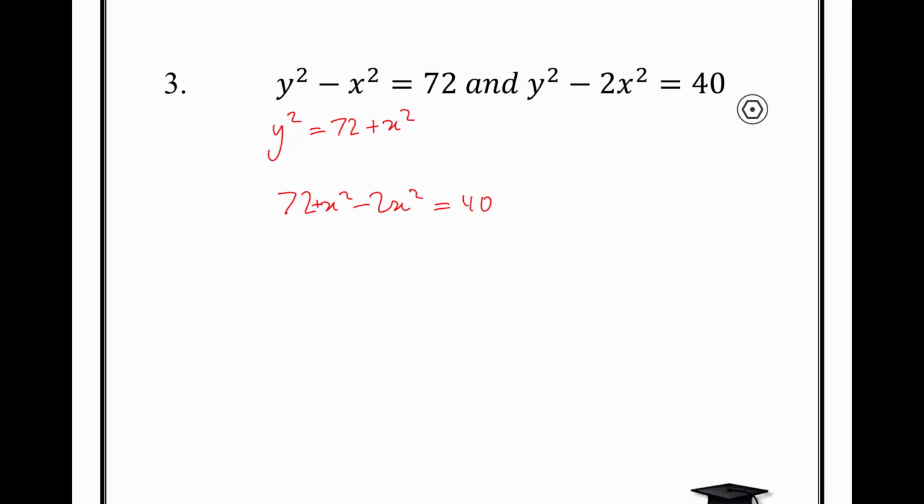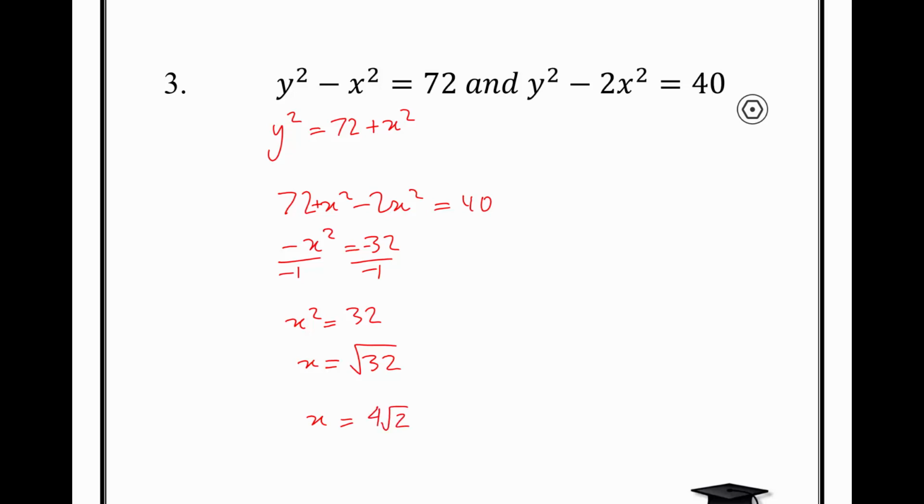Moving the constant to the other side and simplifying, we'll end up with minus x squared is equal to minus 32. Now let's just take the minus off of both sides. This will just give us x squared is equal to 32 and x is the square root of 32. Now simplifying this, we'll end up with the root of 16 times root 2, which is just 4 root 2.